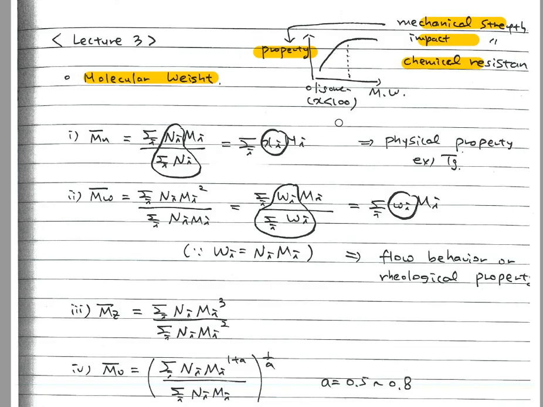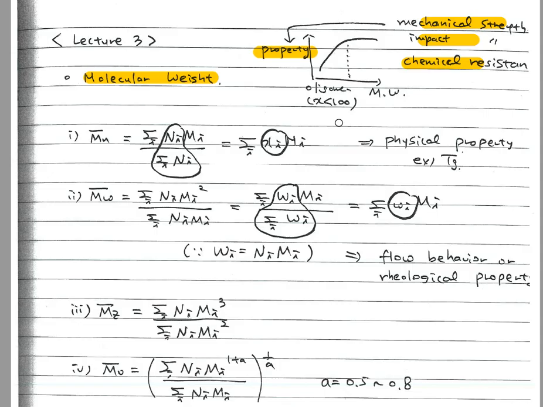Okay, and if you make polymers, polymers are basically the species with long chains, and the length of those chains are not uniform, which means that there are variations or a distribution of the length of polymers. Some of them are longer, some of them are shorter, okay?